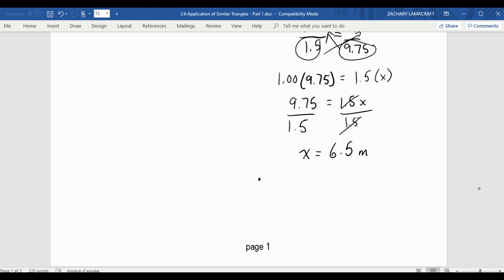And then what's the last thing we're forgetting? Yeah, the therefore. So therefore, what do you think we could write? Okay, close. What's x? Perfect. So we put the height of the flagpole.